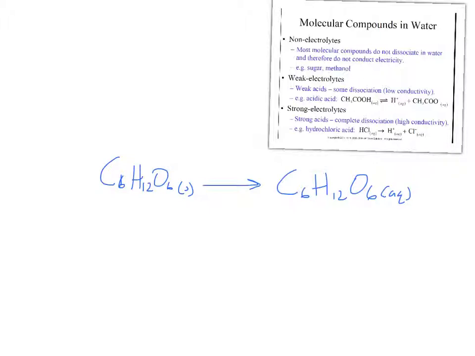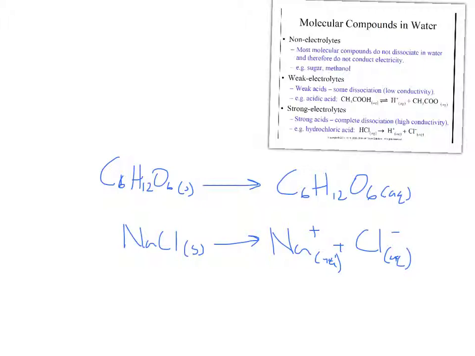The antithesis of this would be something like sodium chloride again. Sodium chloride starts as a solid. When we put it in water, it ionizes or dissociates into Na plus and Cl minus, both of which are aqueous. So let's get the terms straight. Sugar dissolves, but it does not dissociate.